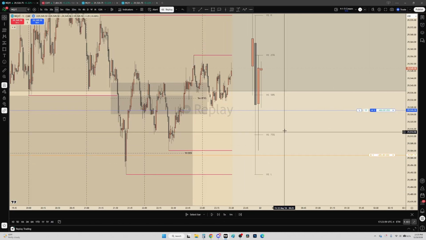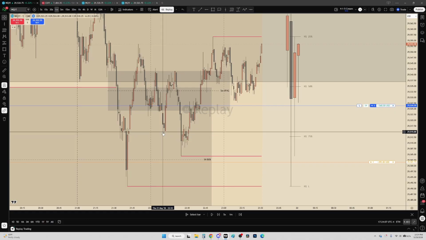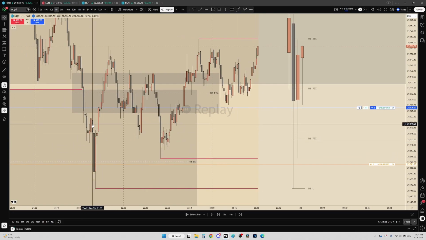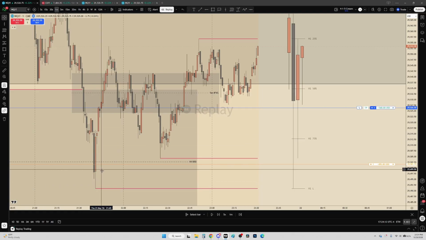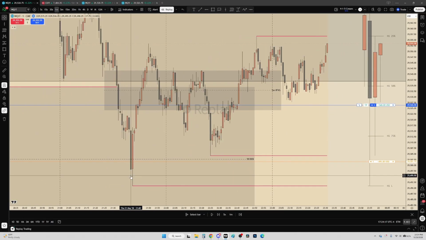And then it's also key to mention that this stop run down took out that swing low. And then we also dug into this manipulation leg down as well, because this is a bullish breaker.